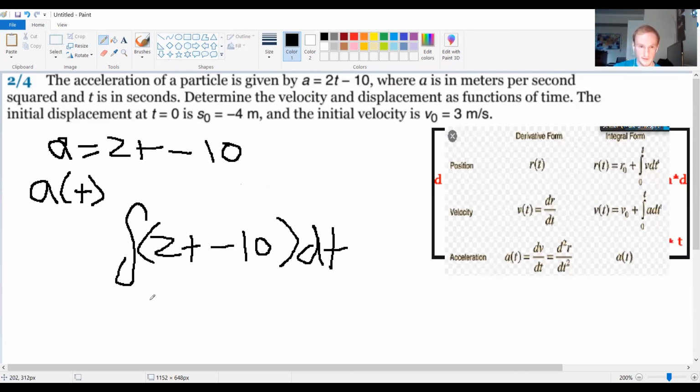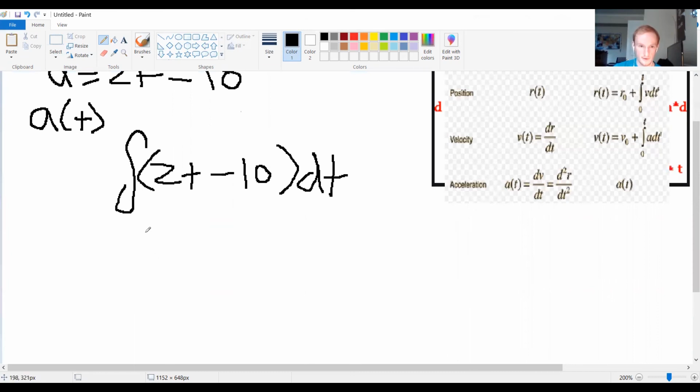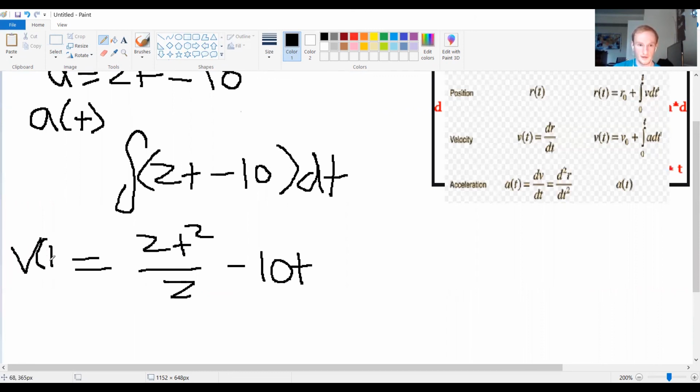And that simply comes out, this is a basic integral, as 2t squared over 2 minus 10t equals v of t. All right, so there's that.